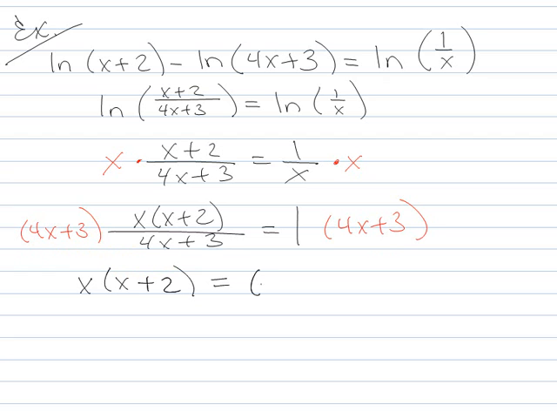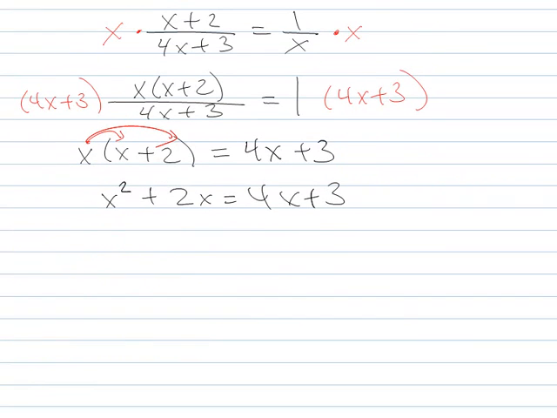And over here on the right, I've got 4x plus 3. Alrighty. Now I can do x squared plus 2x is 4x plus 3. Go ahead and subtract that from both sides. I can do both of those steps at the same time. x squared minus 2x minus 3 equals 0.